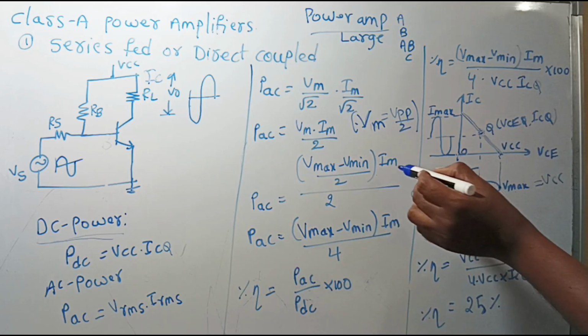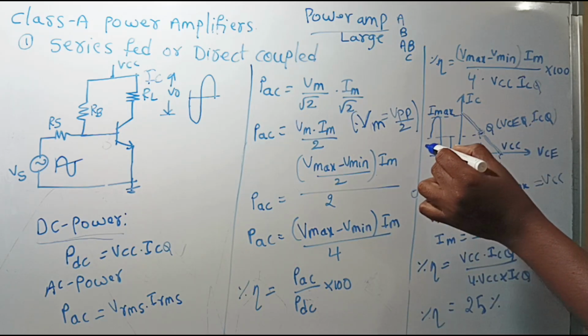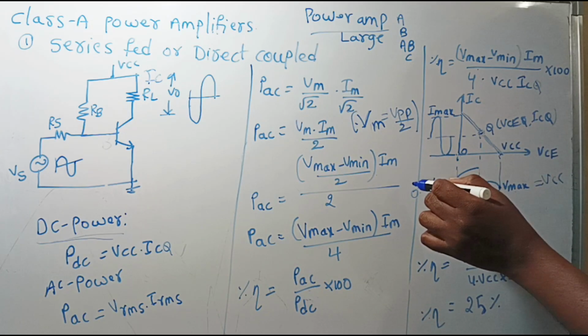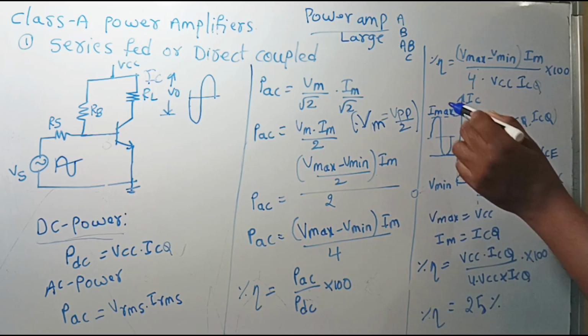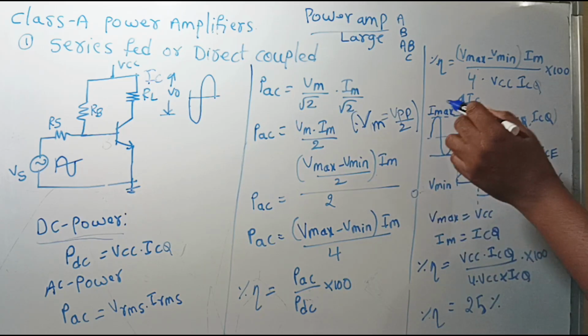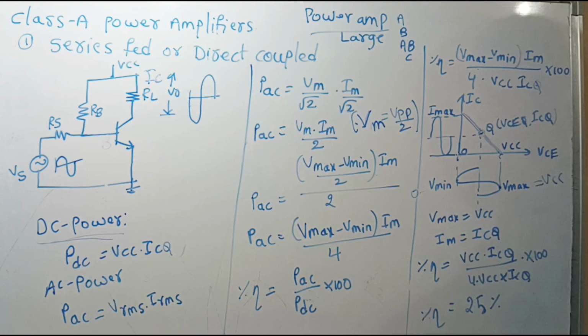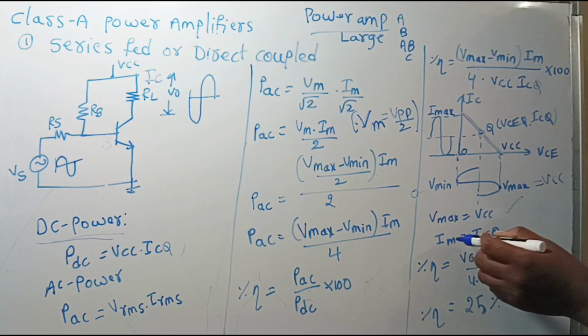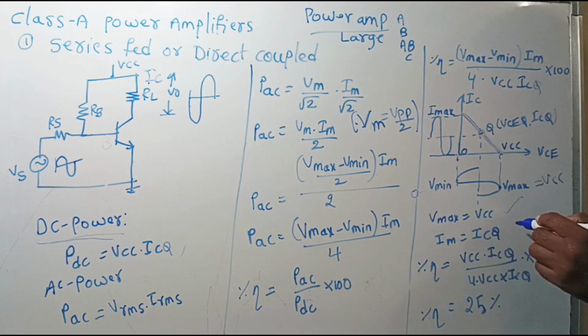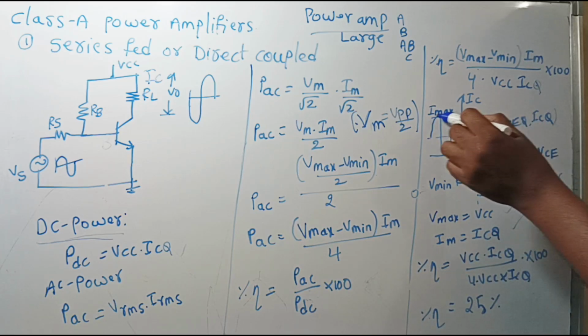If you want, you can write I maximum minus I minimum by 2, substituting I maximum as ICQ and I minimum as 0; no problem. Similarly, V maximum is VCC and Im, the maximum current, is nothing but ICQ.